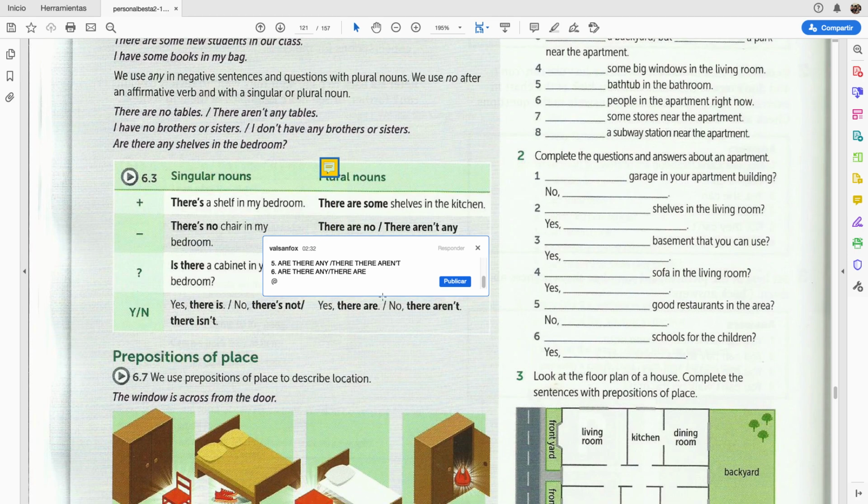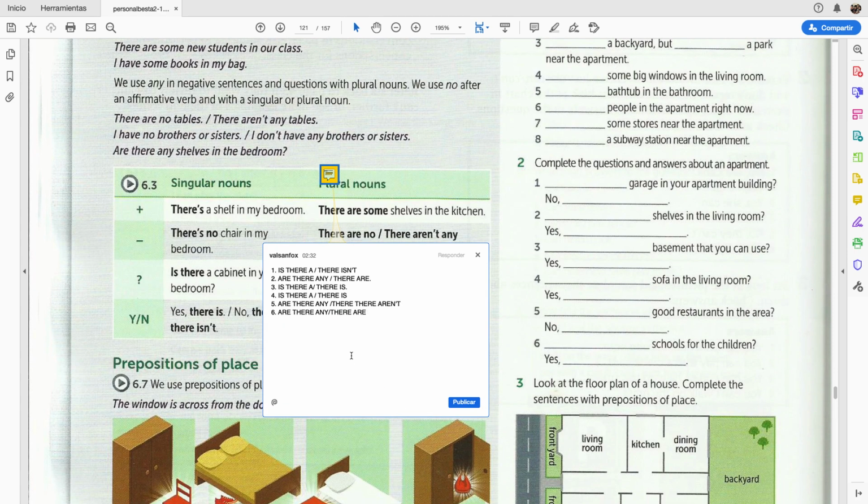Okay, guys. So you have the questions, you have the options so that you can check your answers. And remember that was page number, let me look at the page, 122, right? 122. Perfect.